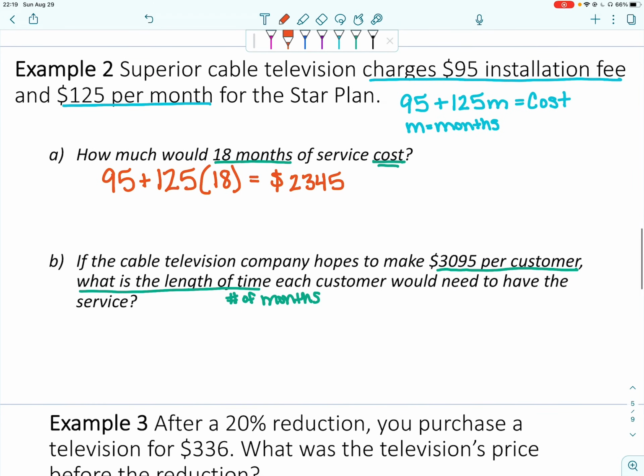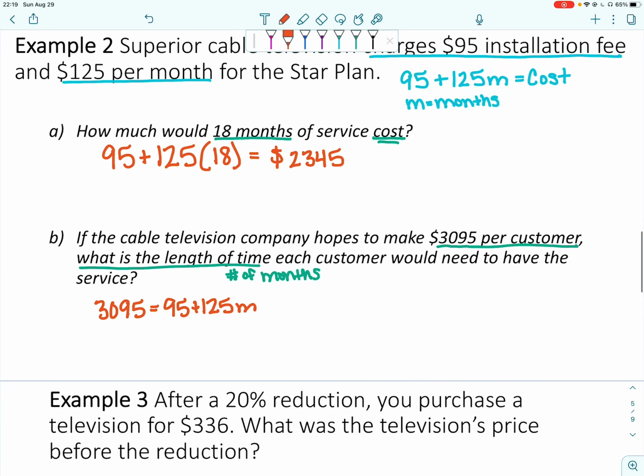So the cost needs to be $3,095. But we don't know how many months it's going to take to get to that cost. So I need to solve for M.